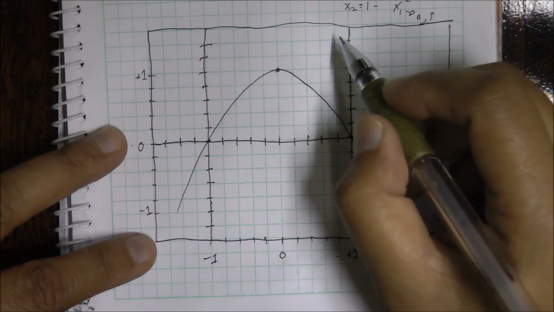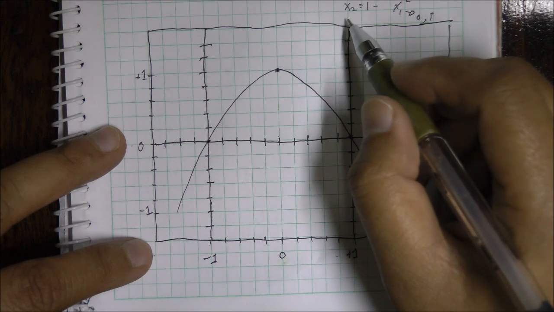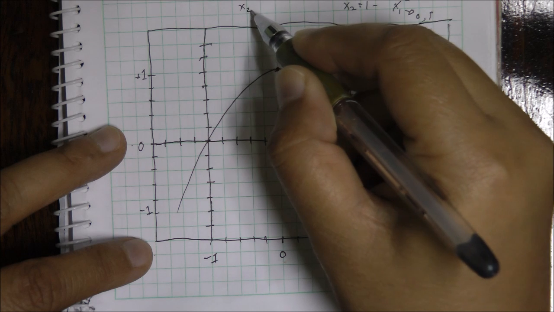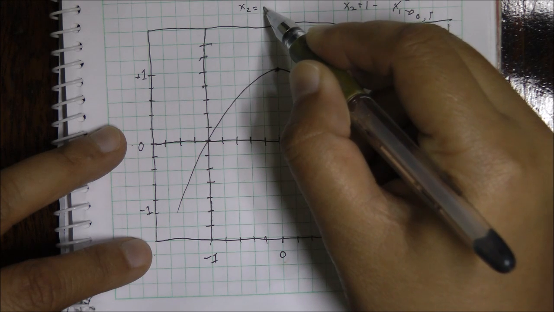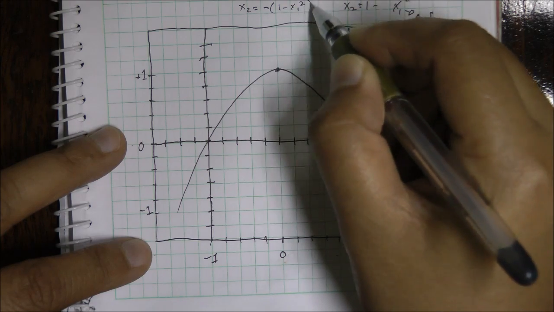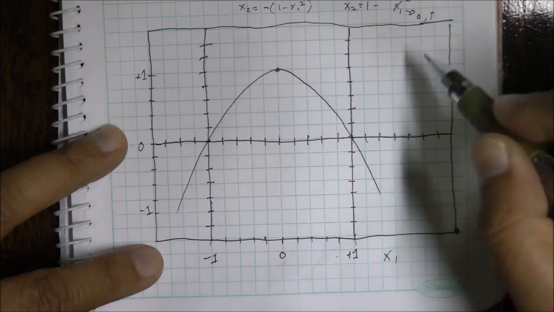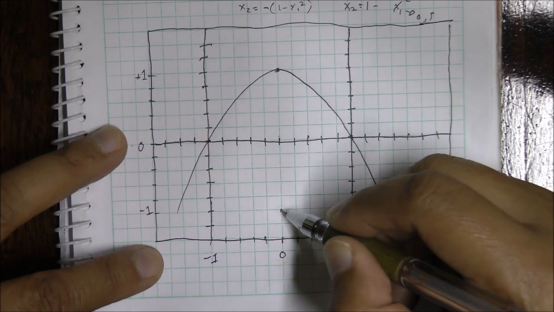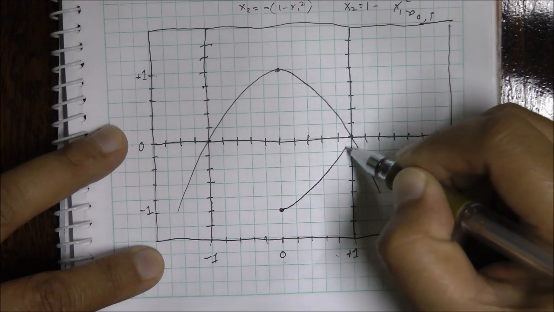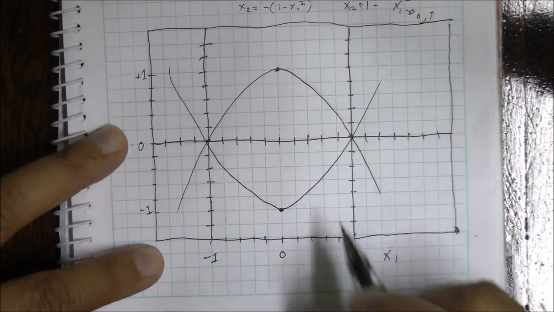And for the case when the slope is equal to minus 1, the equation for the isocline is minus 1 minus x1 squared, so it will be the same parabola except that now it's opening up. Because of symmetry, this would look like this, more or less.